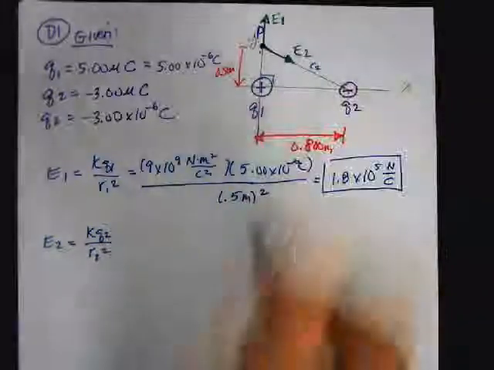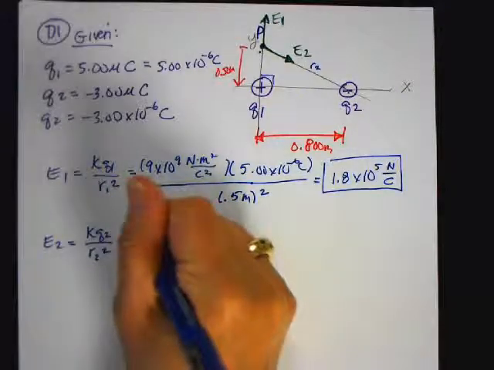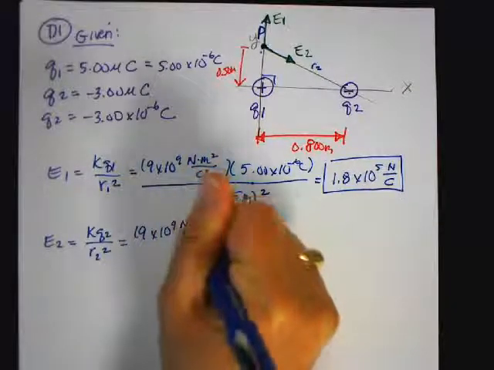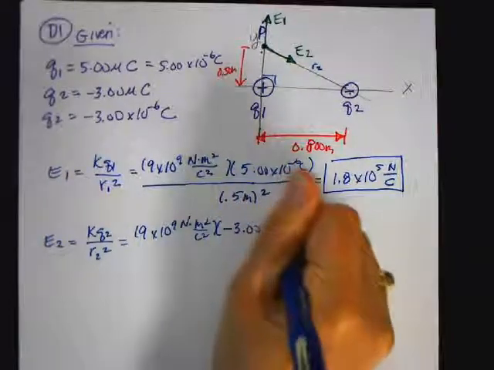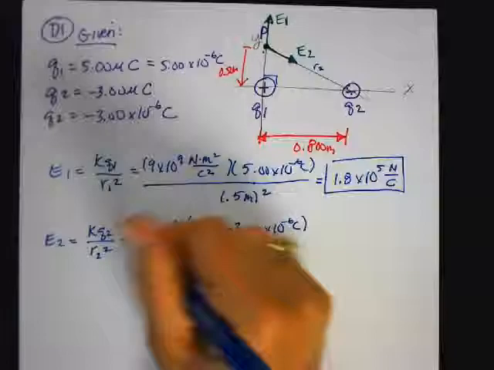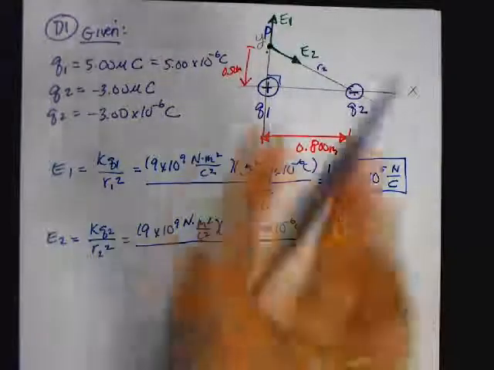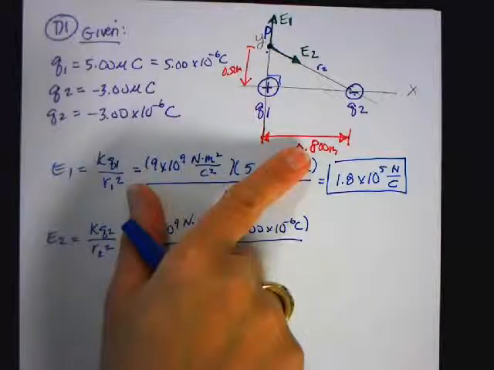Now I could do it separately, but that's so easy. I'm just going to incorporate it in here. So I'm going to say 9 times 10 to the 9 newton meter squared per coulomb squared times negative 3 times 10 to the negative 6 coulombs divided by, and I don't know what that distance is, but I can use the Pythagorean theorem, which would be the square root of 0.5 squared plus 0.8 squared.